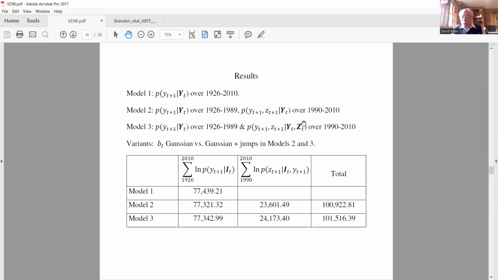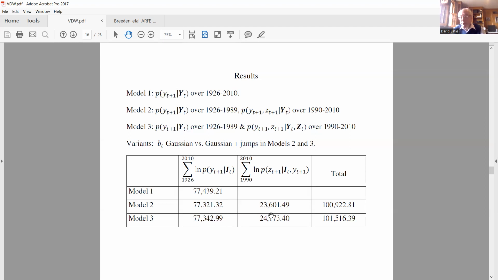And then when I include the Z information here, I do a little bit better for stock market excess returns, not a lot better, which surprised me. I was expecting the VIX to be more informative than it seems to be in terms of stock market excess returns. But of course, I'm basically incorporating the VIX information via this procedure.